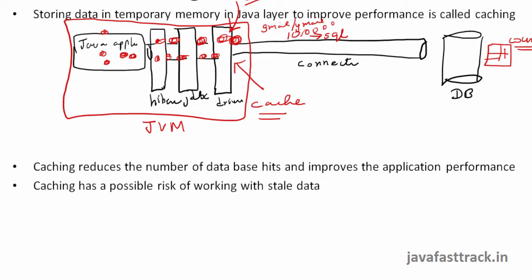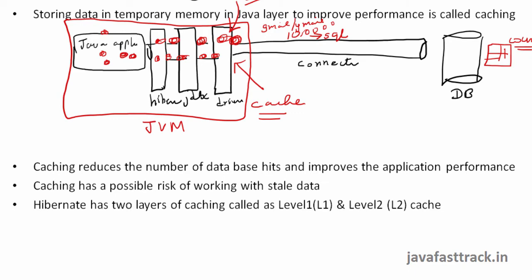After you store it in the cache, it is possible that the database data has changed. Data which is not in sync, or outdated, is called stale data. So caching has this risk of working with stale data.